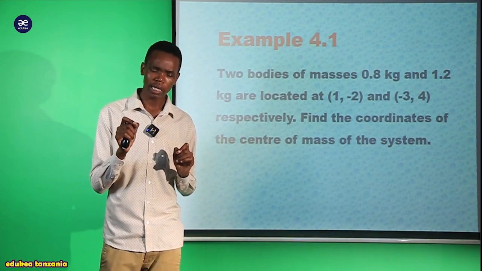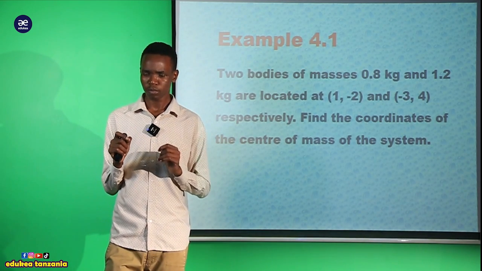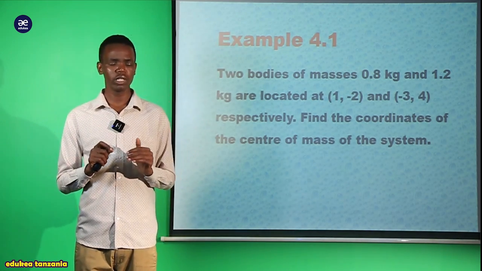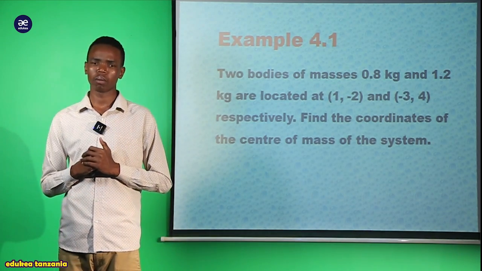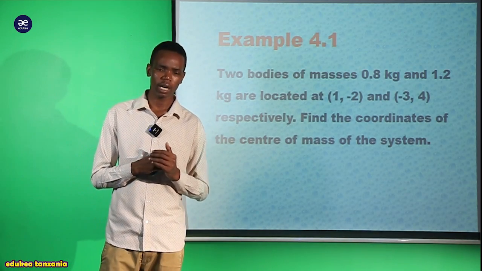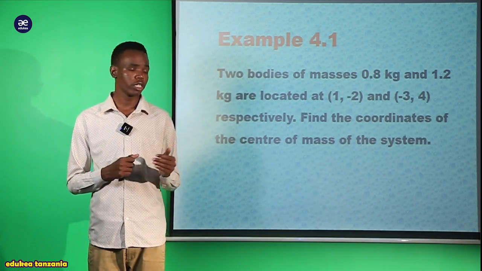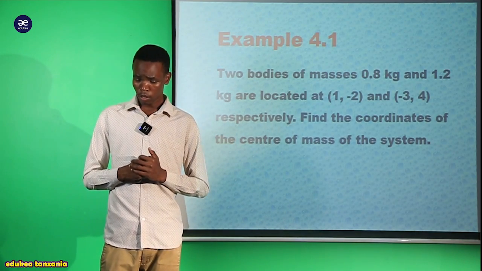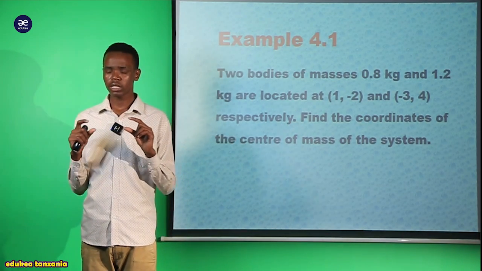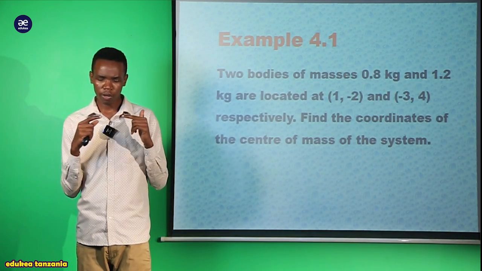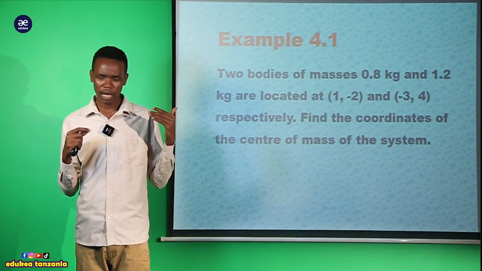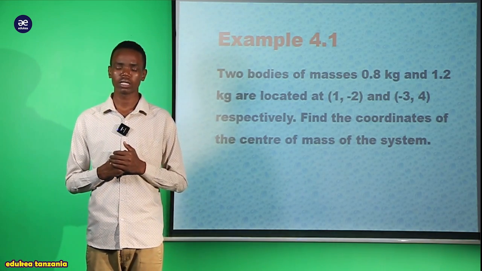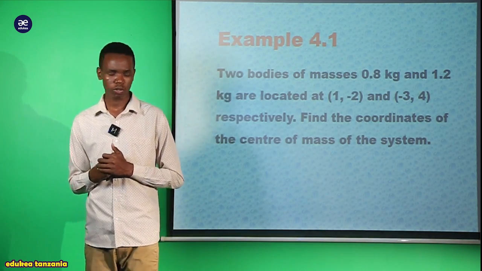While the second particle of the body has its own mass, equal to 1.2 kilogram, and its coordinate is (-3, 4). These particles are joined together, and if they are connected together, they form the resultant from the original, R_CM. That is what we are going to see.